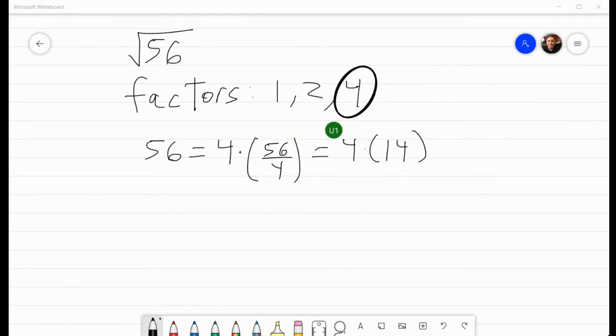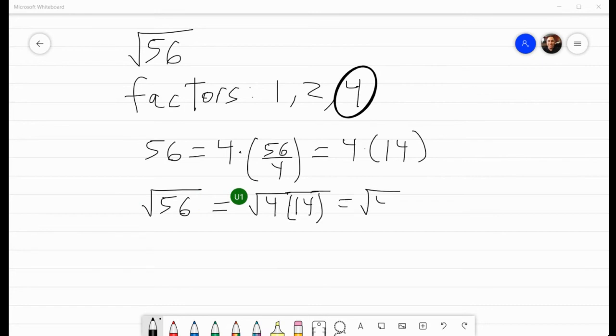Yeah, 14. So because 56 is 4 times 14, we have the square root of 56 is equal to the square root of 4 times 14, which of course is the square root of 4 times the square root of 14.